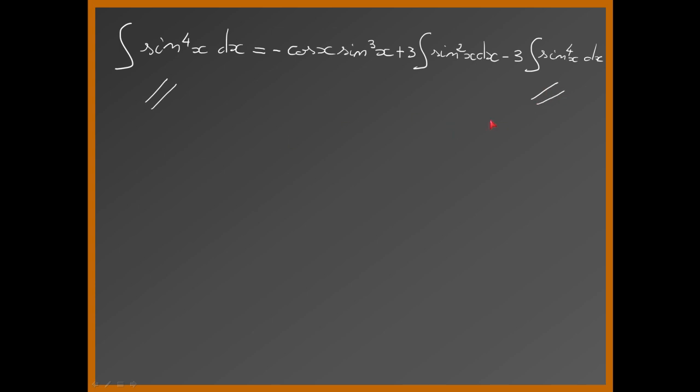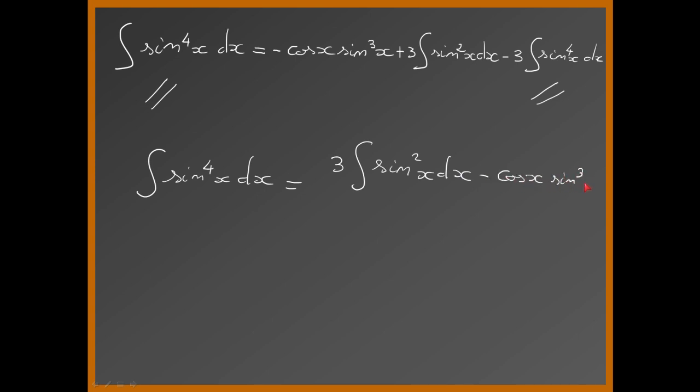Then, by bringing this term to the left-hand side and dividing by 4, we obtain that the antiderivative of sine to the fourth of x is equal to 3 times the antiderivative of sine squared of x minus cosine x sine cubed of x, divided by 4.